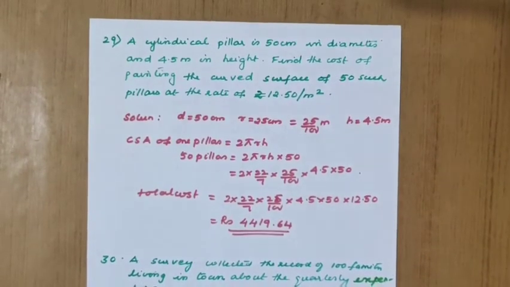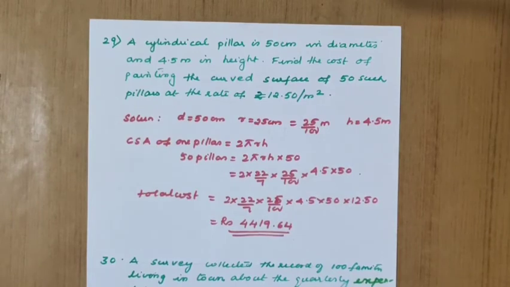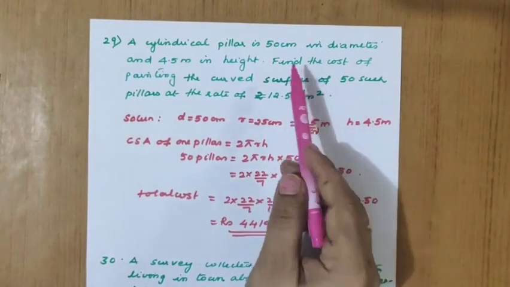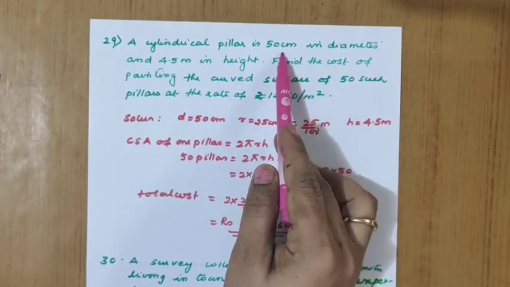Next question, question number 29. A cylindrical pillar is 50 centimeter in diameter and 4.5 meter in height. Find the cost of painting the curved surface of 50 such pillars at the rate of rupees 12.50 per meter square. So cylindrical pillar only, how many are there? The diameter is 50 centimeters.